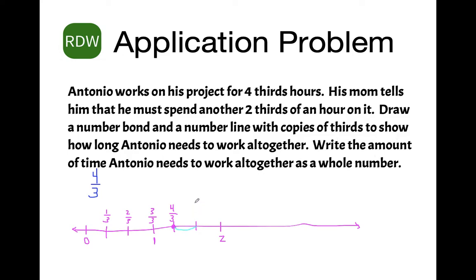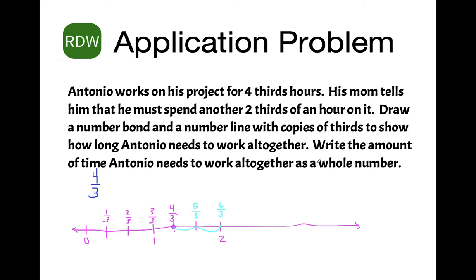This is 1/3 more. That would be at 5/3. That's adding one more third. And then I add 2/3. I moved 2 spaces. This is where I land on 6/3, or my whole number of 2.